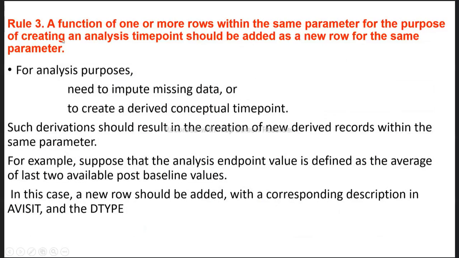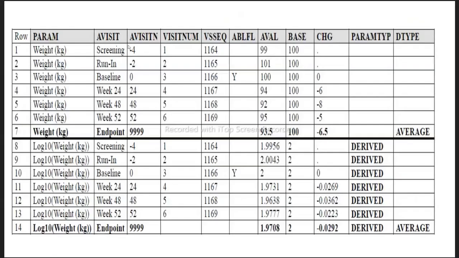For the purpose of creating an analysis time point, ఏం చేస్తాను ఇప్పుడు నాకు యావరేజ్ కావాలి, ఒక అనాలిసిస్ ఎండ్ పాయింట్ క్రియేట్ చేస్తున్నాను. If you are doing it that way, create a new row, don't go with a new variable.